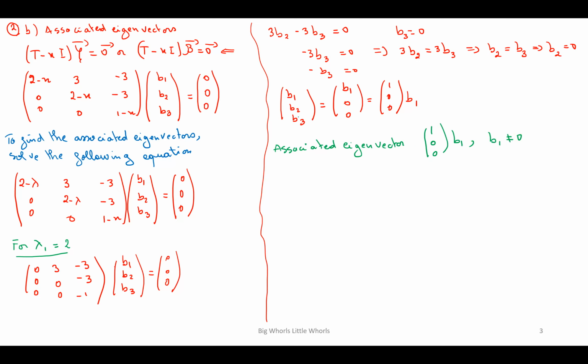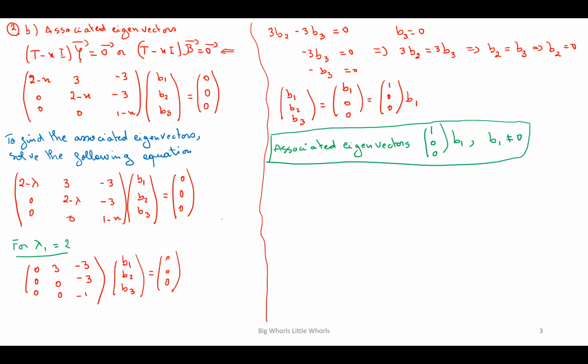As you remember, we cannot have a trivial eigenvector. So that's the eigenvectors associated with the lambda 1 equals to 2.